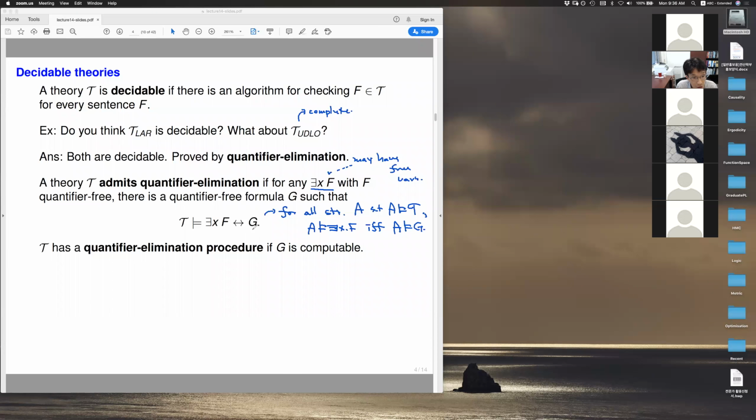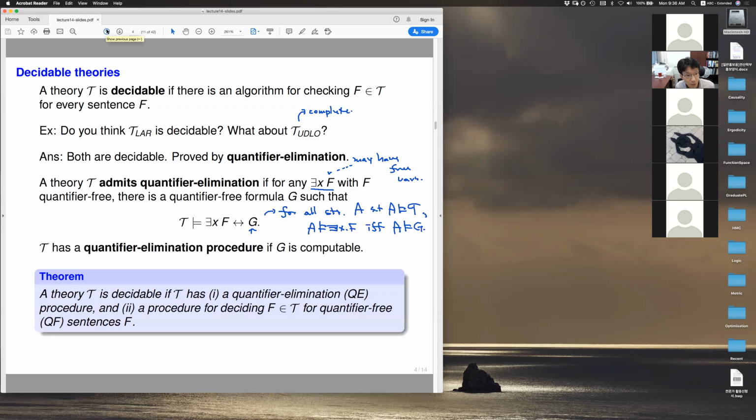That's because the formula G doesn't have any quantifier. And we say a theory T has a quantifier elimination procedure if there's an algorithm that takes exists x dot f and generates G. Okay, so we can algorithmically compute G from a given exists x dot f. So that's what quantifier elimination means, and then the quantifier elimination procedure means.